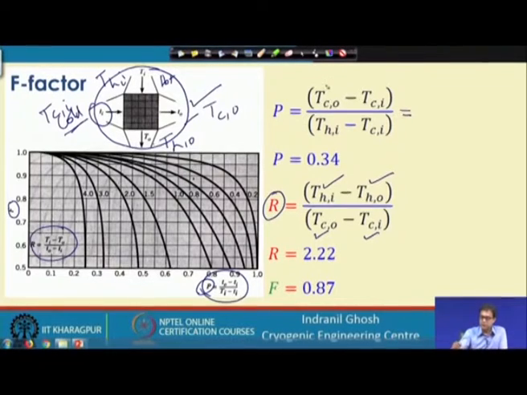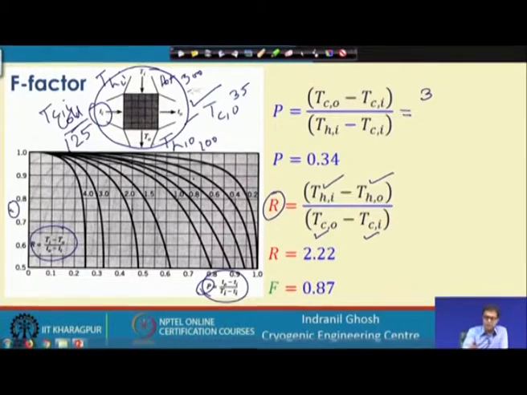The cold inlet is 35. The hot fluid comes in at 300 and goes out at 100, and the cold fluid enters at 35 and moves out at 125, if I am correct.